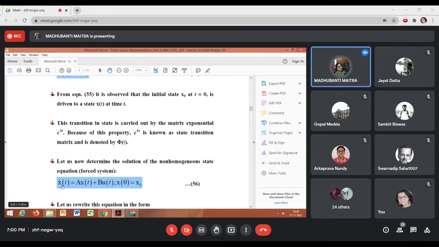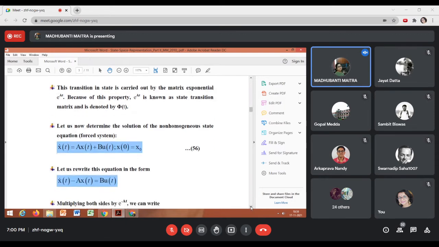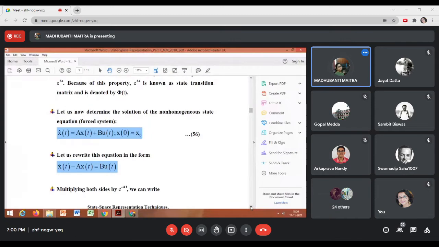So the state equation will be x dot t is equal to Axt plus But, and again it's clear that we are considering only a linear time invariant system, and the initial condition is specified as x0. This is a column vector. So x0 means time t equal to 0. So the initial time is 0.